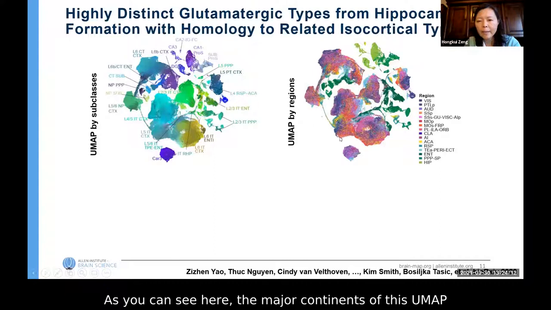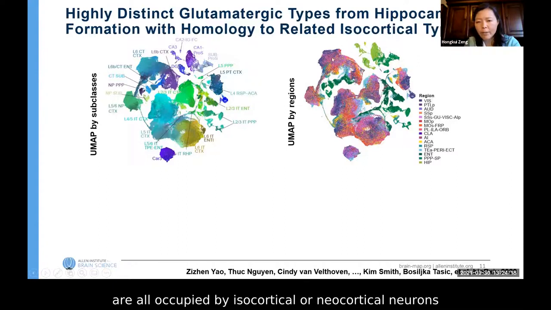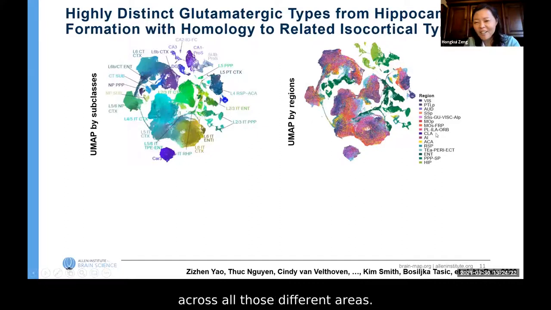As you can see, the major continents of this UMAP are all occupied by isocortical or neocortical neurons, and the cells are largely intermingled across all those different areas. The major subclasses, as I mentioned earlier, are all represented here. The largest group is the IT neurons.